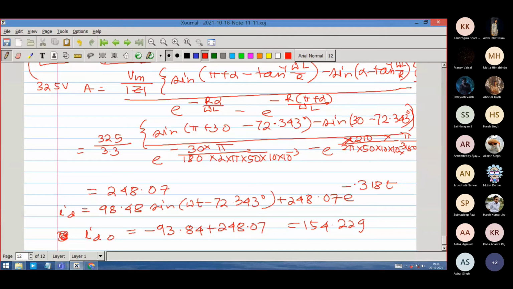One minus, t is equal to 30 into... a little correction is required.